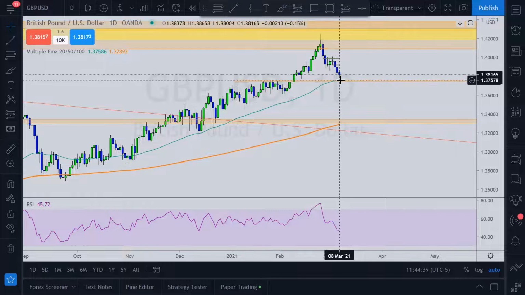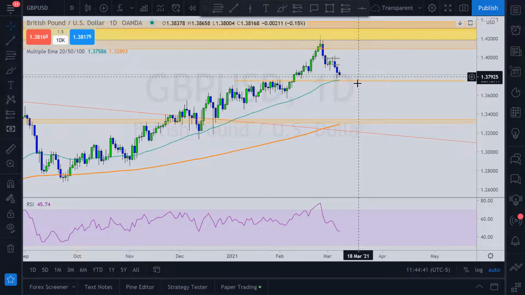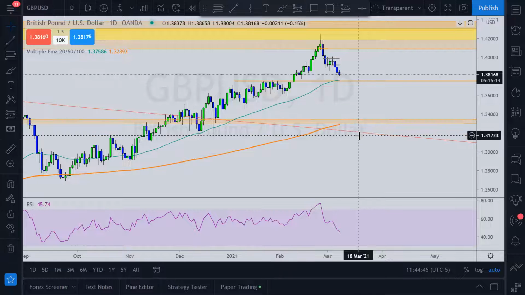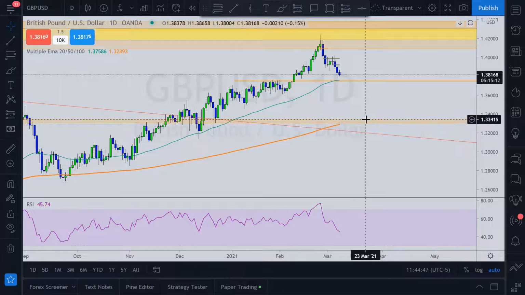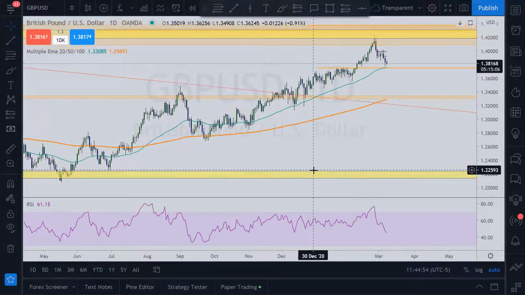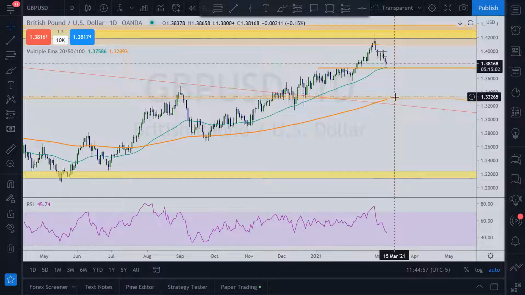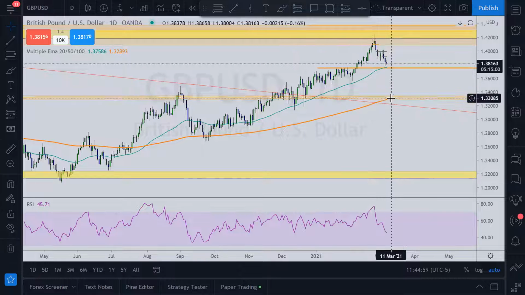But if it doesn't turn price around, I'm pretty sure once it gets down to this area here, around 1.3340, I'm thinking that price will probably be turning around there because it'll be running into the 200. We'll have confluence there.